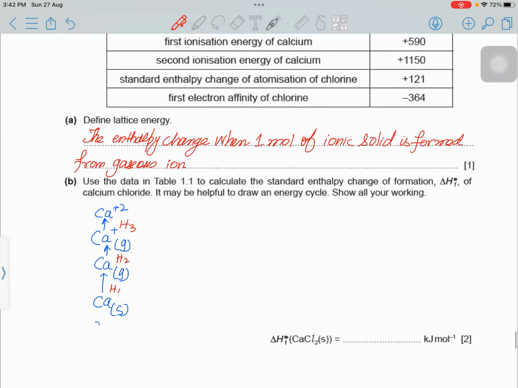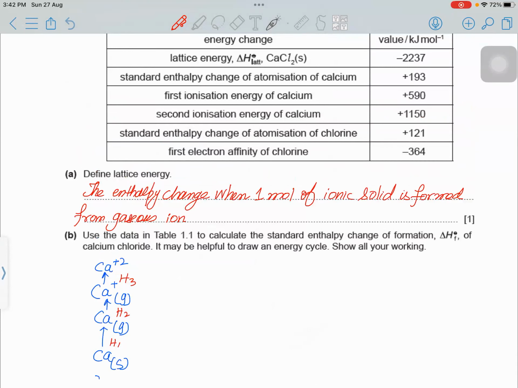Look at the question and tell me H1. Atomization of calcium, so 193. And what is H2? 590. Plus 590. And what about the second?